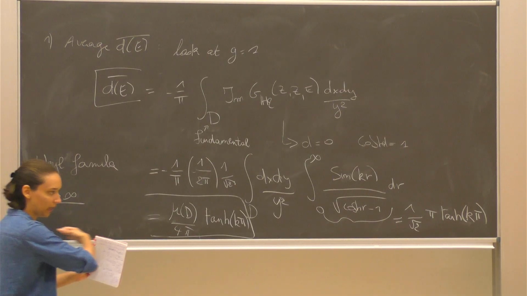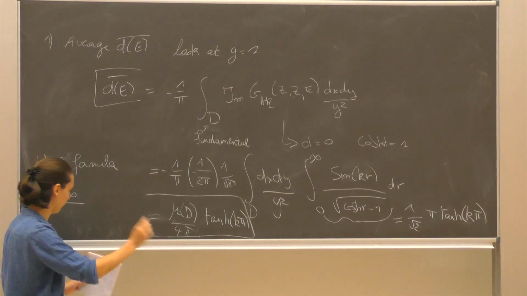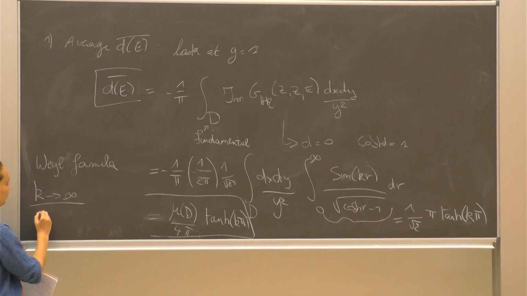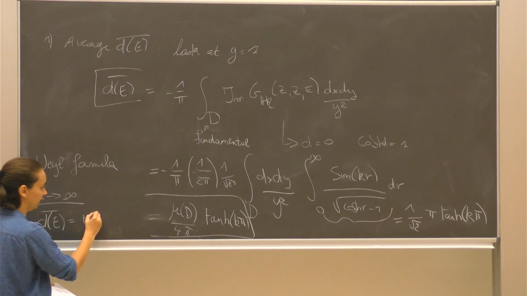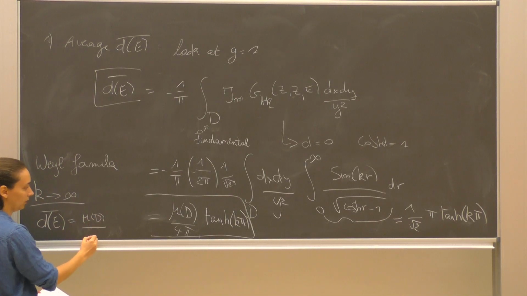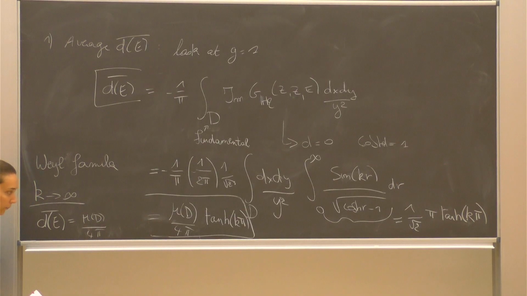In general, you would have many more correction terms, and I'll make a comment after writing it down here. So the Weyl formula, typically the leading part looks like, indeed, the area of the domain over 4 pi. And so as I was saying, usually you have some corrections.